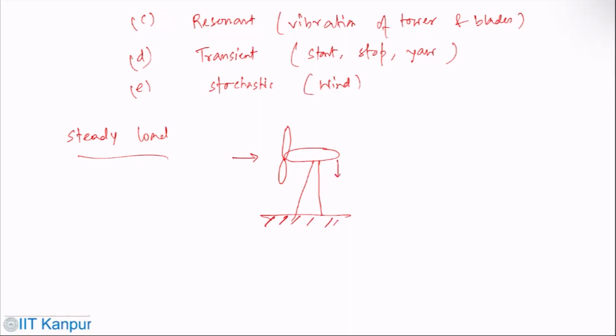So this way is weight, which is F of G. This is my thrust, so F of T, and the resultant could be like that. So this is a steady load during normal operation. Okay.